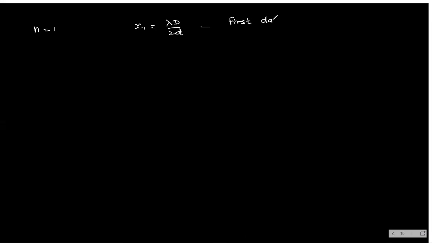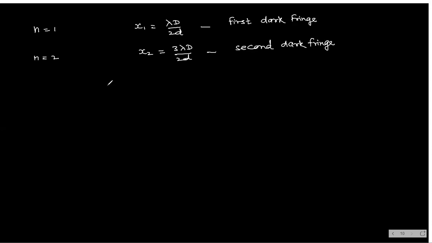First dark fringe. Okay. n is equal to 2, x2 is equal to 3 lambda D by 2d. And this is what? Second dark fringe. Okay, second dark fringe.